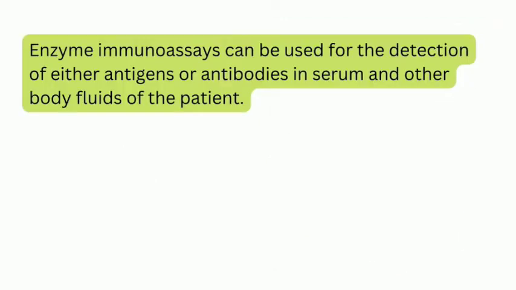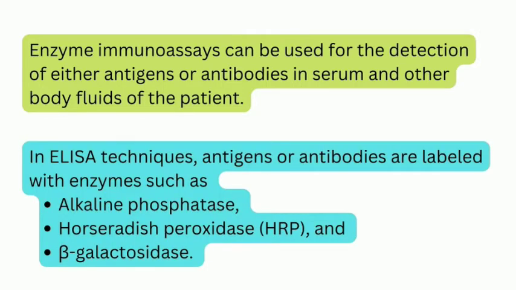Enzyme immunoassays can be used for the detection of either antigens or antibodies in the serum and other body fluids of the patient. In ELISA techniques, antigens or antibodies are labeled with enzymes such as alkaline phosphatase, horseradish peroxidase, and beta-galactosidase.